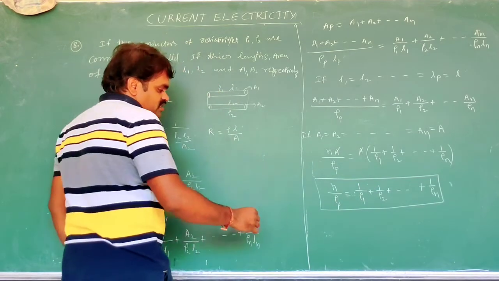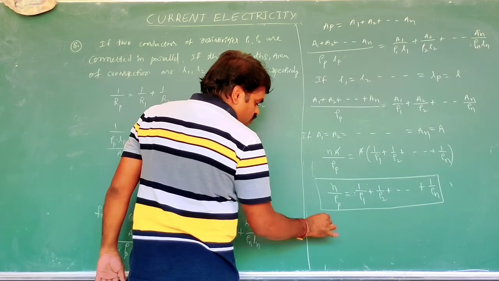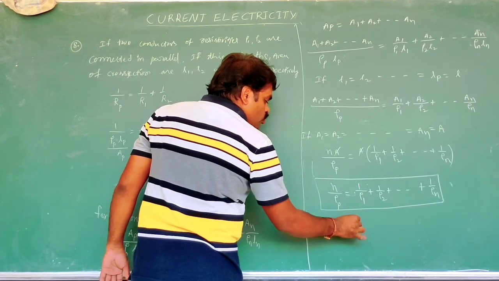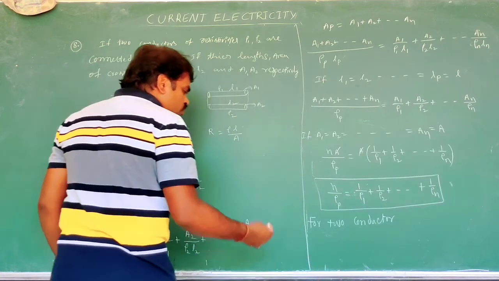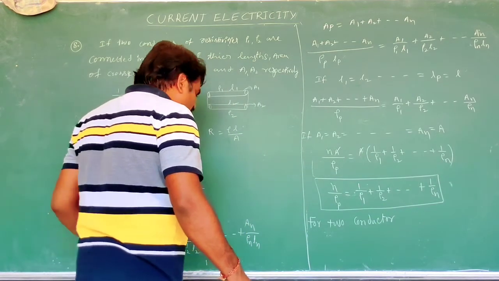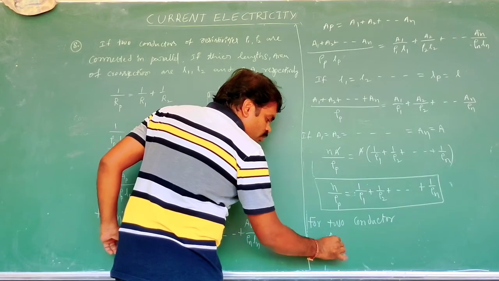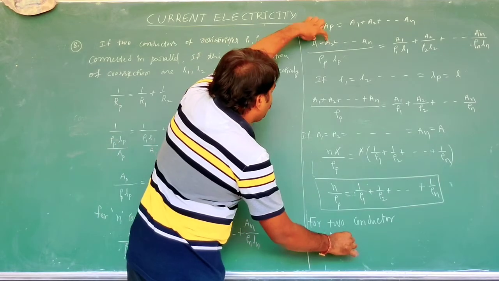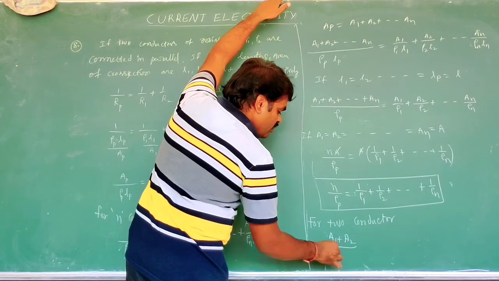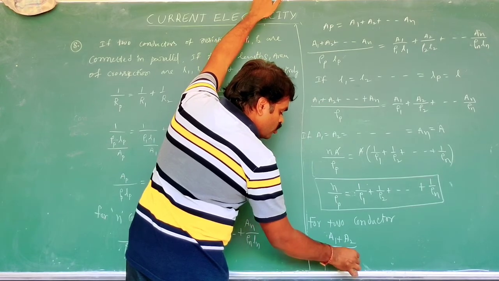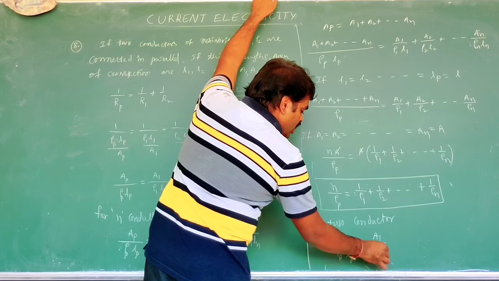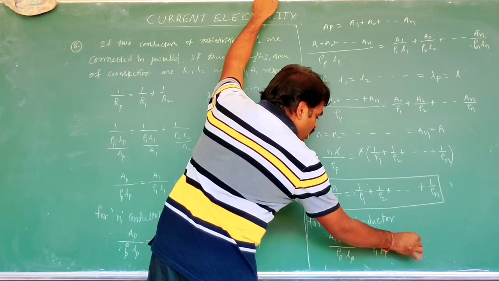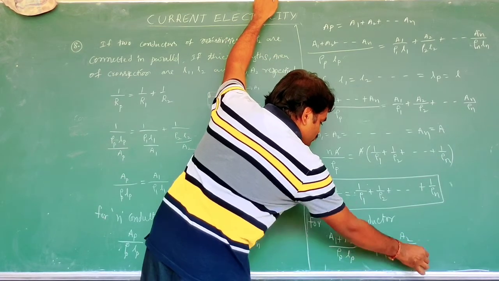For two conductors, what do we write? For a simple formula, AP is A1 plus A2, only two conductors, so A1 plus A2 by rho P into LP is equal to A1 by rho 1 L1 plus A2 by rho 2 L2.